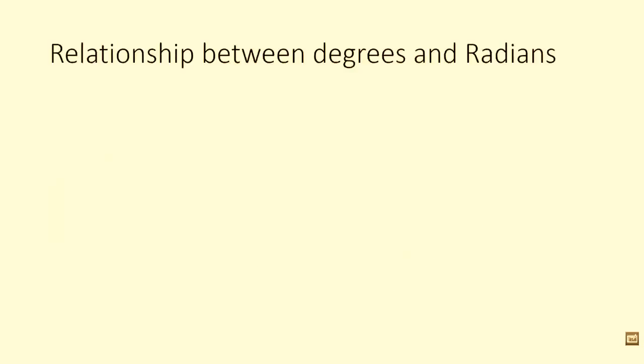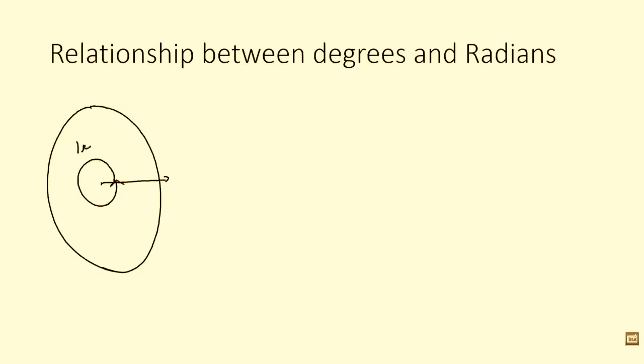Okay, let's establish a relationship between degrees and radians. We compare the number of degrees and the number of radians in one complete rotation. If I go all the way around, this is one rotation, and in degrees this is 360 degrees.